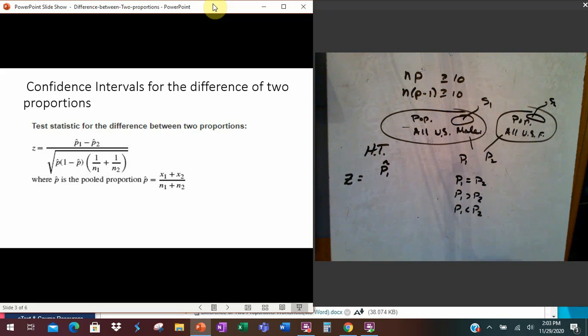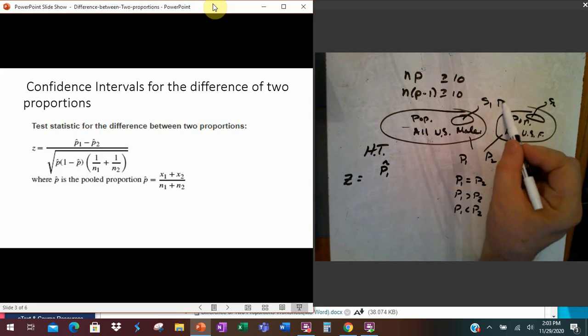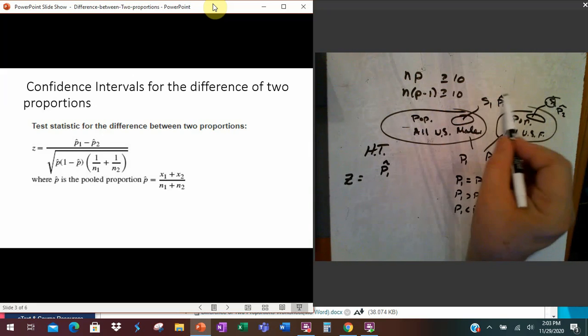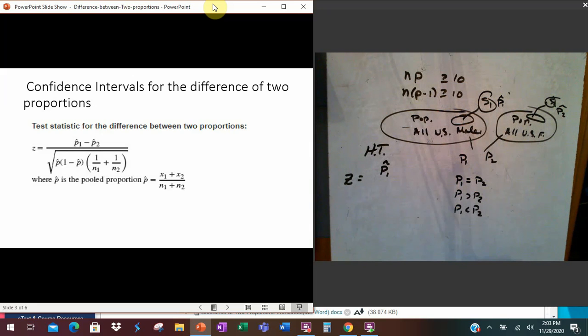Sample 1 is going to have a sample proportion P1 hat. Sample 2 is going to have a sample proportion P2 hat. So this has P1 hat minus P2 hat, the sample proportion from population 1 and the sample proportion from population 2.